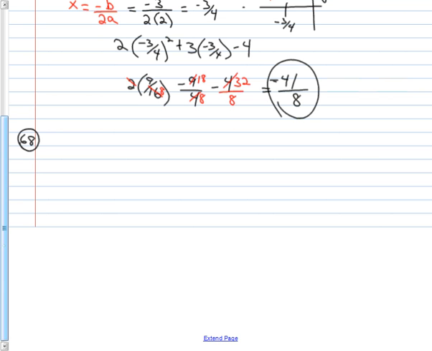A freight company has determined that its cost in dollars per delivery of x parcels, C of x, is 1050 plus 0.5x. What this is telling us is this $1,050 is a fixed cost, plus it costs $0.5 for every parcel.